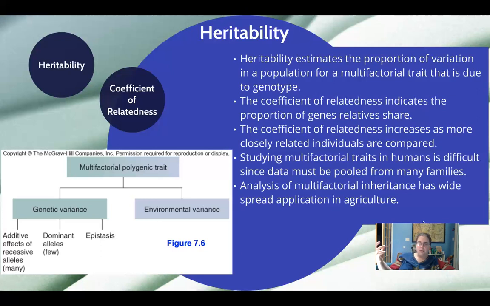So we can grow certain plants that have more of the vitamins and minerals needed in our diet to either prevent a disorder or promote a healthy trait. So again, that's looking at how much of the variance is based on the genes versus the environment.